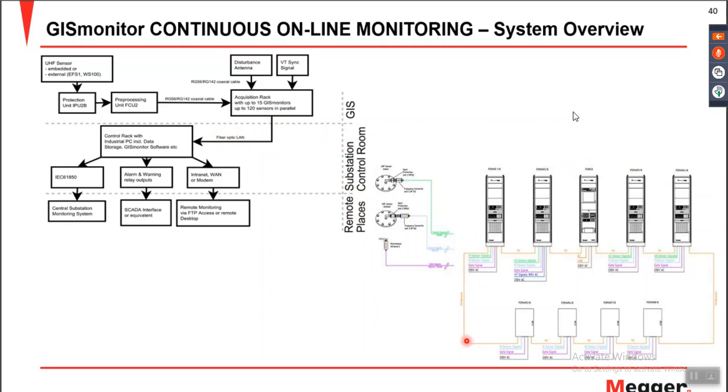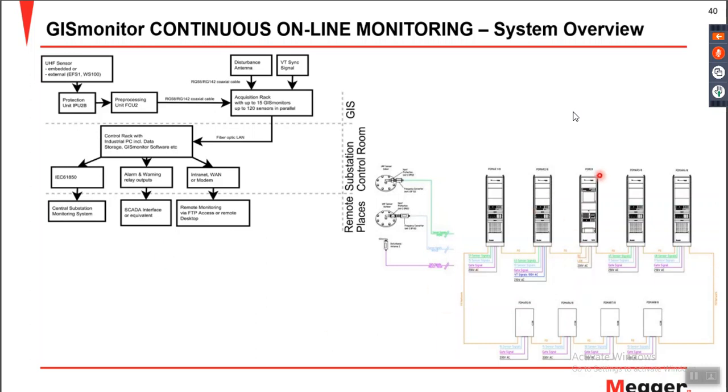As you can see, we are forming a ring network of fiber optic to increase the redundancy during the continuous monitoring. So if any of the connections gets broken, we still cannot lose the signal from those panels to our controlling racks, as they are connected in a ring format.